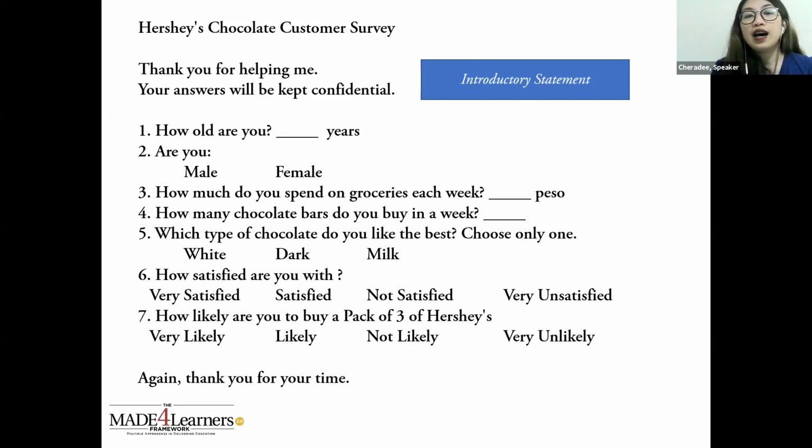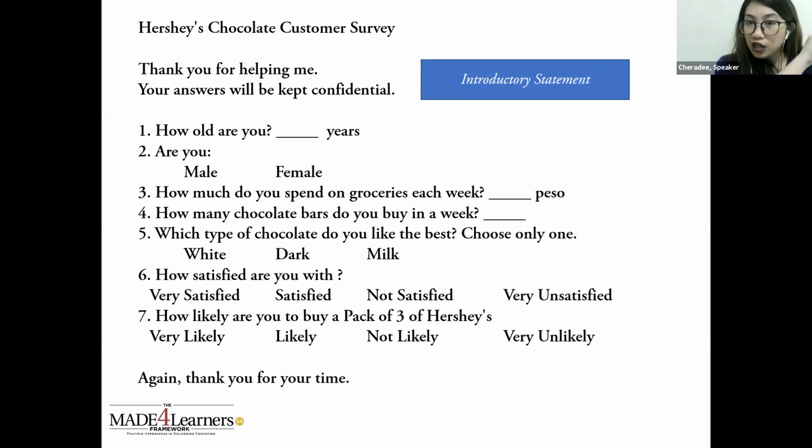Okay? Are you male or female? So that's categorical data, no? So you give them already suggestions what to check. How much do you spend on groceries each week? So there, again, if you are going to put a range, it becomes categorical data, or you use grouped data to compute for its average. So it's a different way to compute for that.